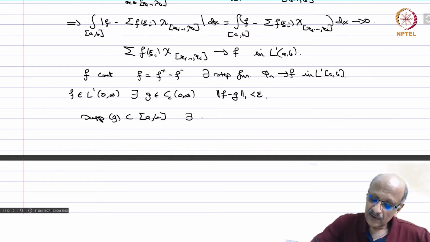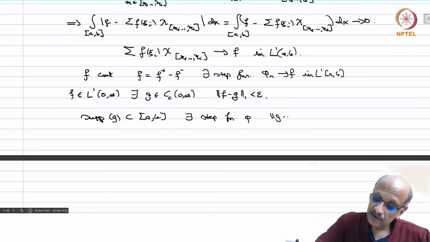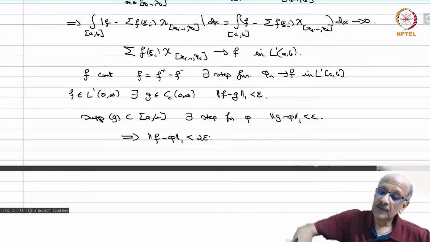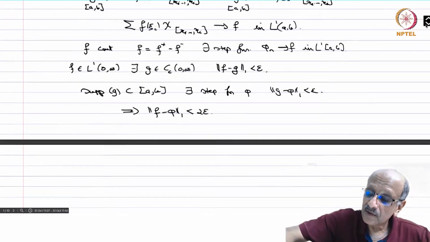Then there exists a step function phi such that the norm of g minus phi in L1 is less than epsilon. Therefore, that implies that the norm of f minus phi in L1 is less than 2 epsilon, and that proves that step functions are dense.